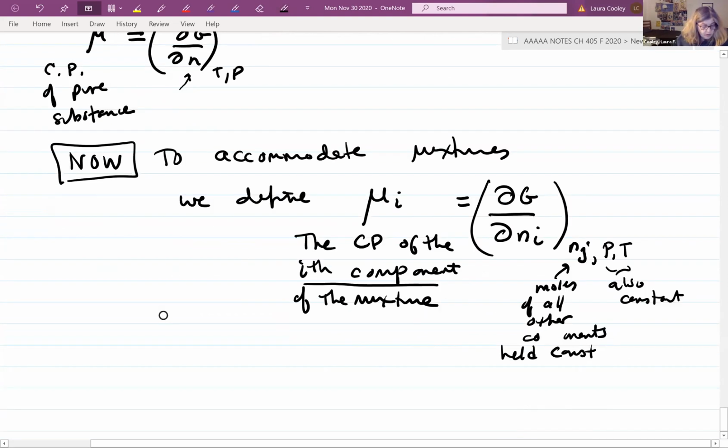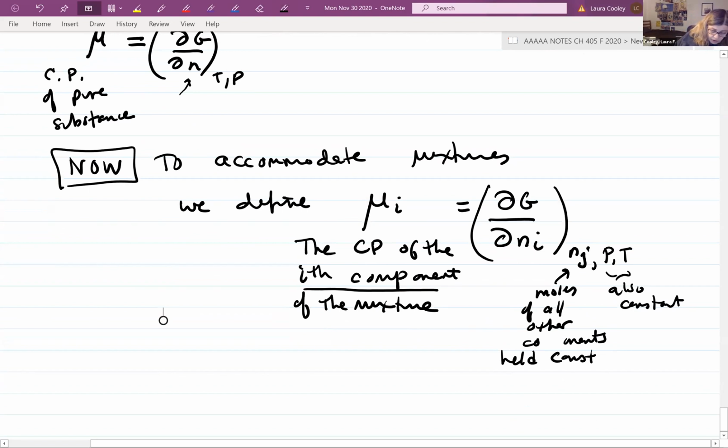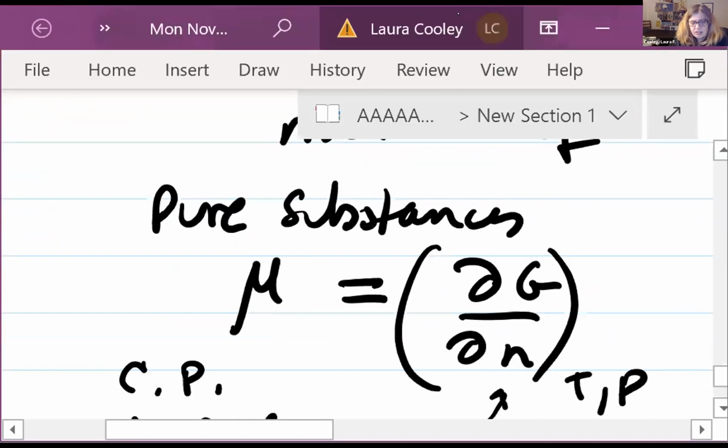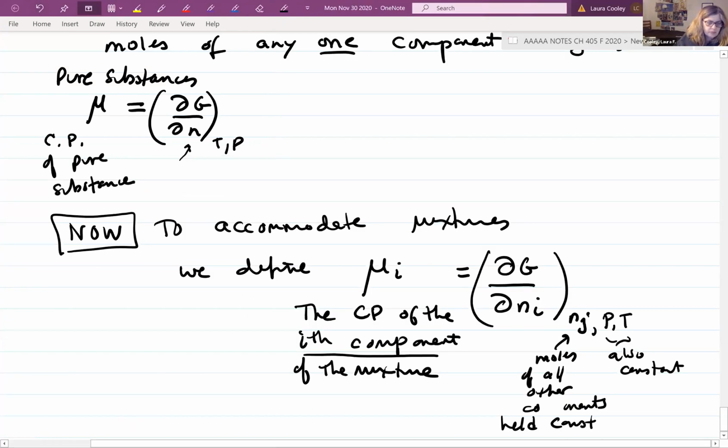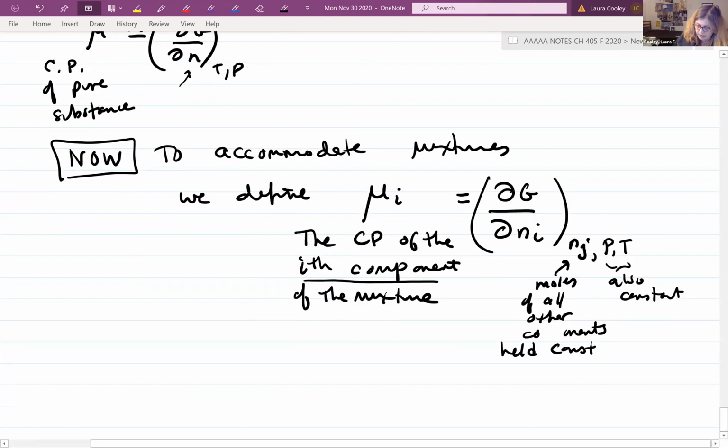Okay, so now it's a partial derivative, and it looks at how the Gibbs free energy changes when moles of only one component changes, right?